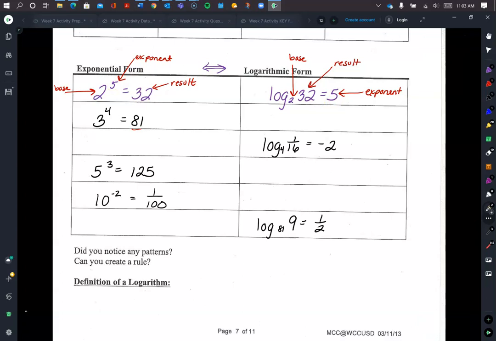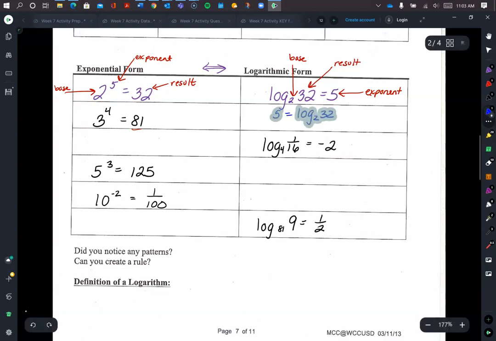And you could have it on either side. I could have written it as 5 equals log base 2 of 32, that direction. That's fine, because that's an equivalency. So however you like to do that.